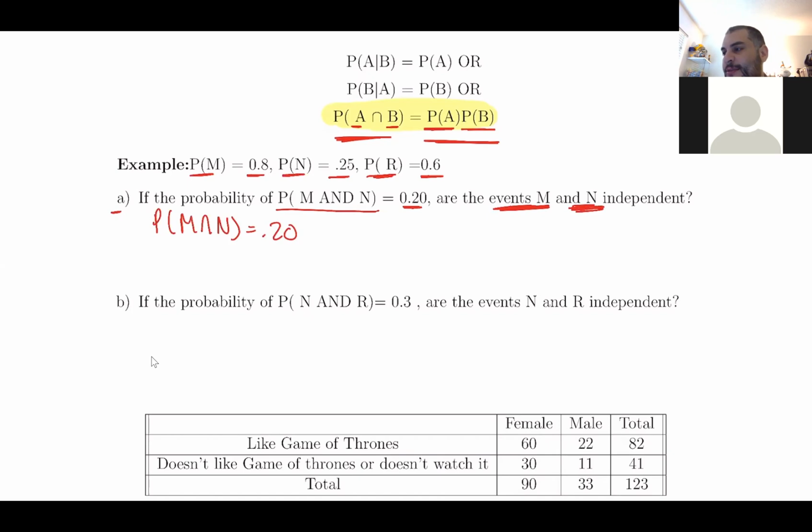We're going to use this formula over here. I already know the probability of A and B is equal to 0.20.